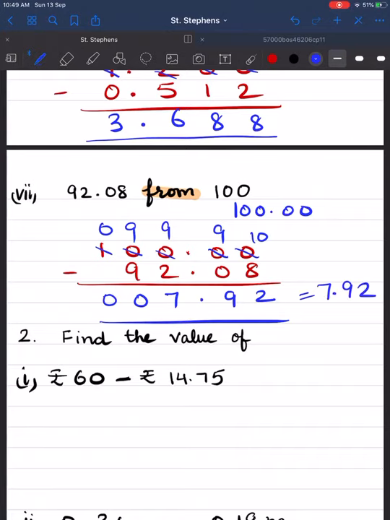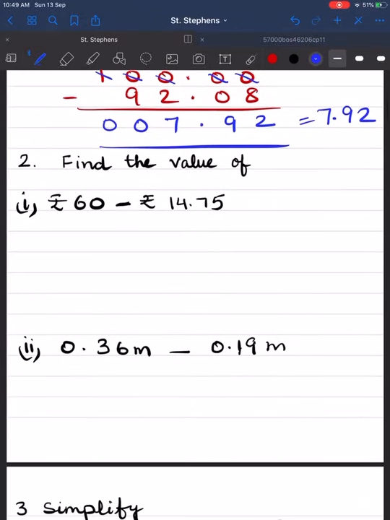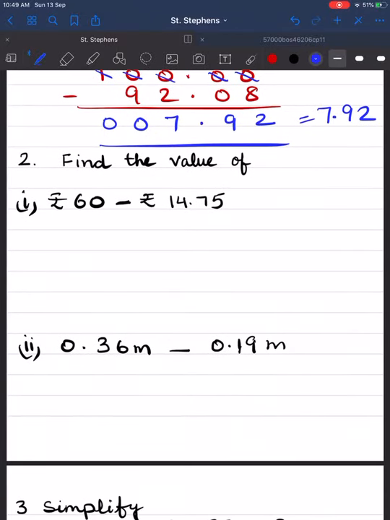Find the value of rupees 60 minus rupees 14.75. Let's convert rupees 60 into like decimal having 2 decimal places. So we get rupees 60.00 minus rupees 14.75. Now let's arrange.